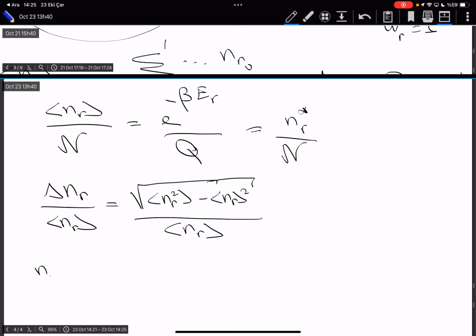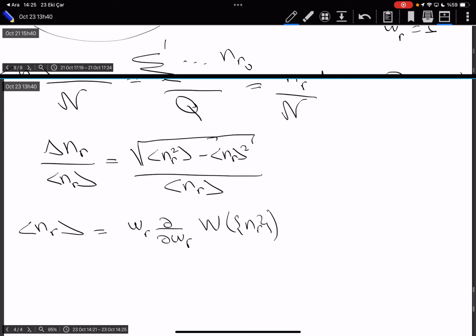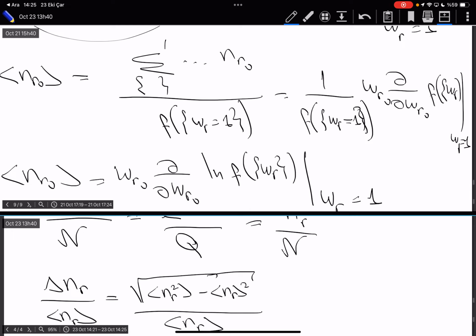Well, you see, we calculated the nr average by taking the derivative with respect to omega r of the logarithm of f. So we had defined this, yes, f.